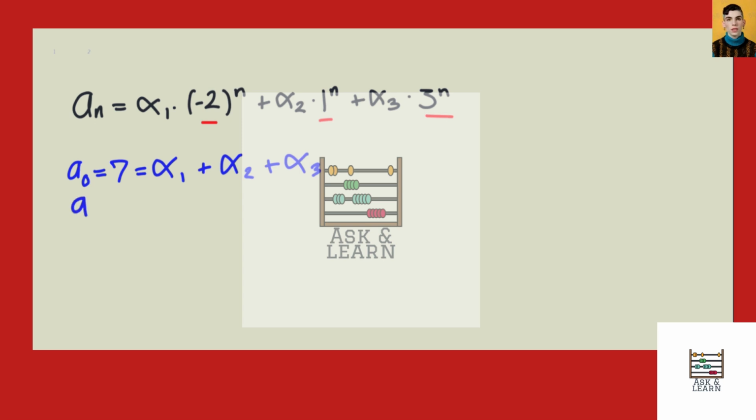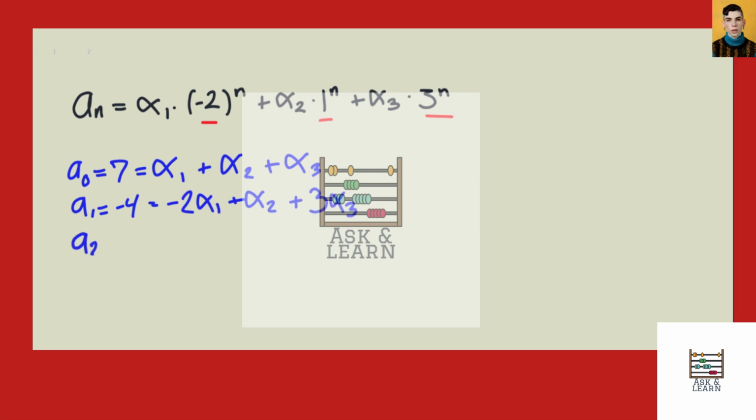Okay, we also know that a_1, which was equal to negative 4, is going to be then equal to negative 2 times alpha 1 plus alpha 2 plus 3 alpha 3.